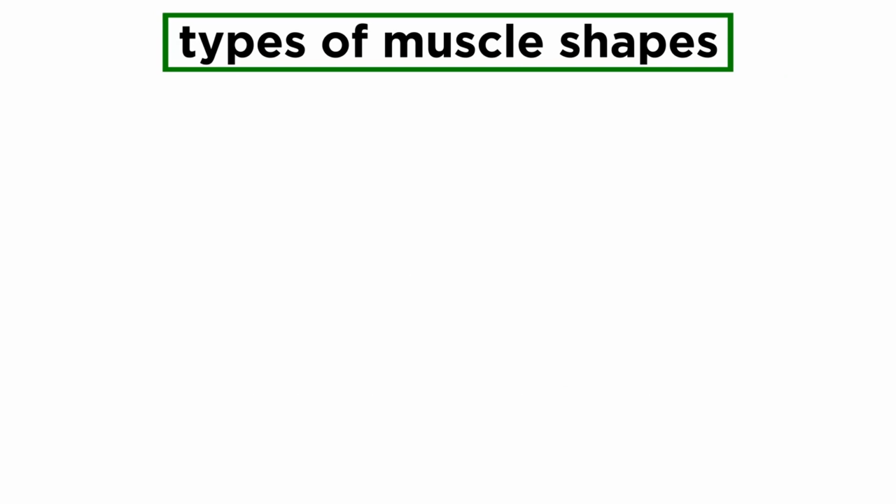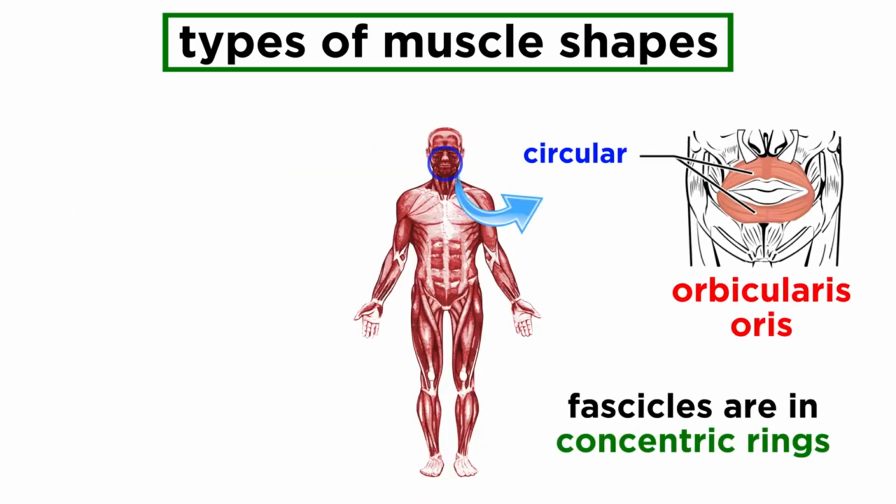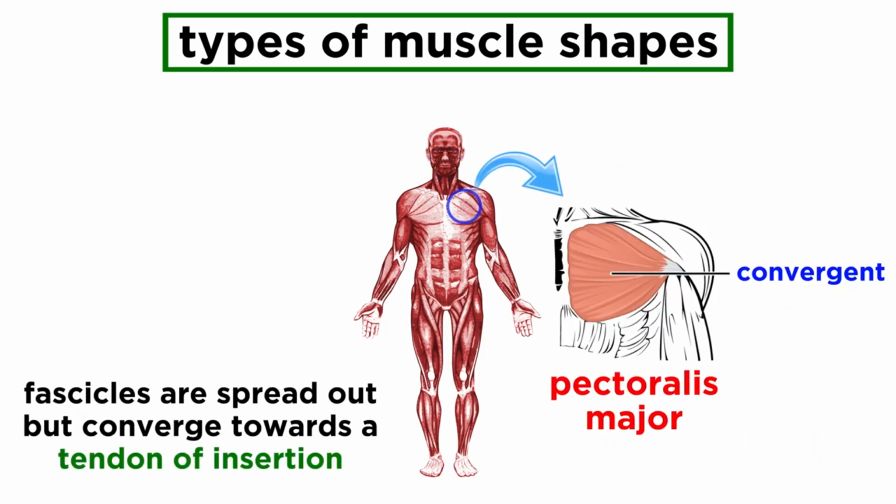Now let's look at different muscle shapes. The fascicles of a muscle, which as we recall are bundles of muscle fibers, can arrange themselves in a variety of ways to produce muscles in a variety of shapes. If in concentric rings, we can get a circular muscle, like the ones around the eyes and mouth. If they are spread out over a region but all converge towards a tendon of insertion, that is a convergent muscle, like the pectorals.